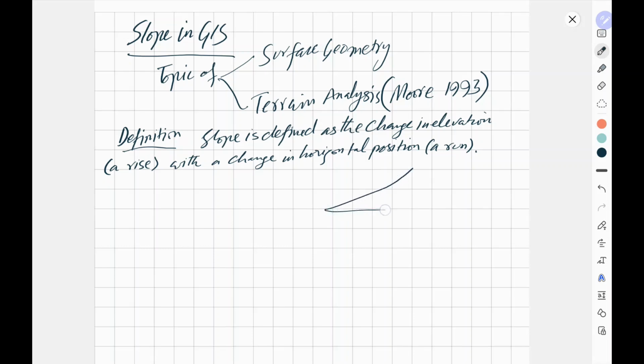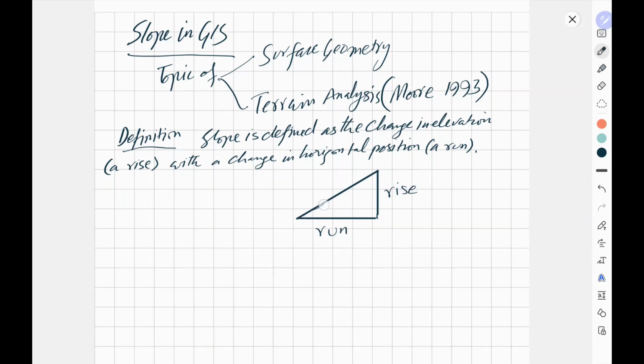Graphically, it can be somewhat like this: you will have a run, the horizontal distance, and a vertical distance as the rise.